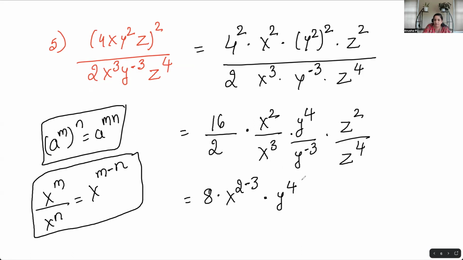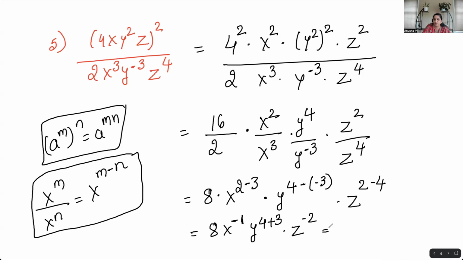And y to the power of 4 minus of, again you have to subtract minus 3, because you're subtracting and the denominator has a negative exponent, it is minus 3. Similarly, z square and positive 4 is in the denominator. If it moves to the top, it will become negative 4. Okay, so which is 8. x to the power of 2 minus 3 is x to the power of minus 1. y to the power of 4 minus of minus 3 will become plus 3, and z to the power of 2 minus 4 is negative 2.